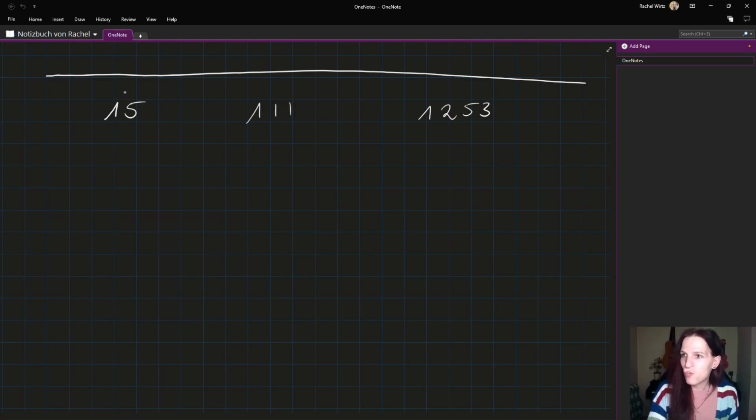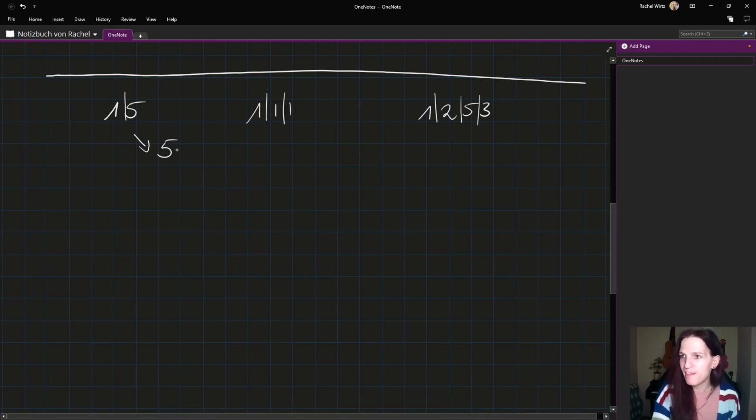We said that we have different containers or bytes that we can store them in. On the right hand side, just times 1, we have 5, and on the left hand side times 10 to the power of 1, the more we go to the left.